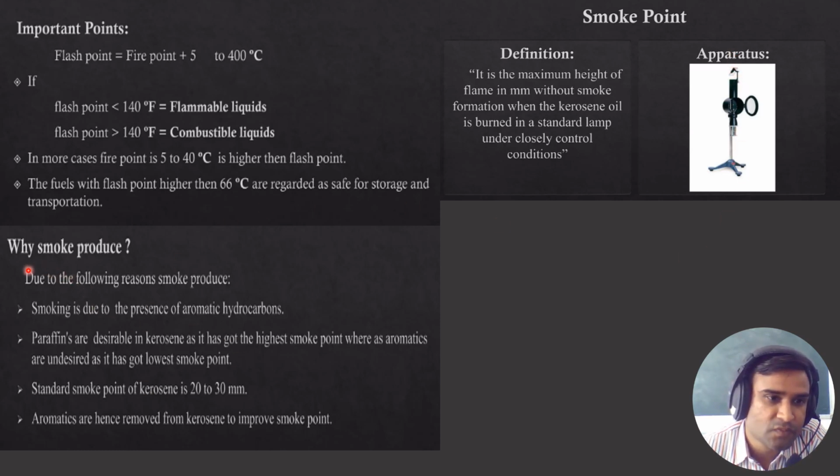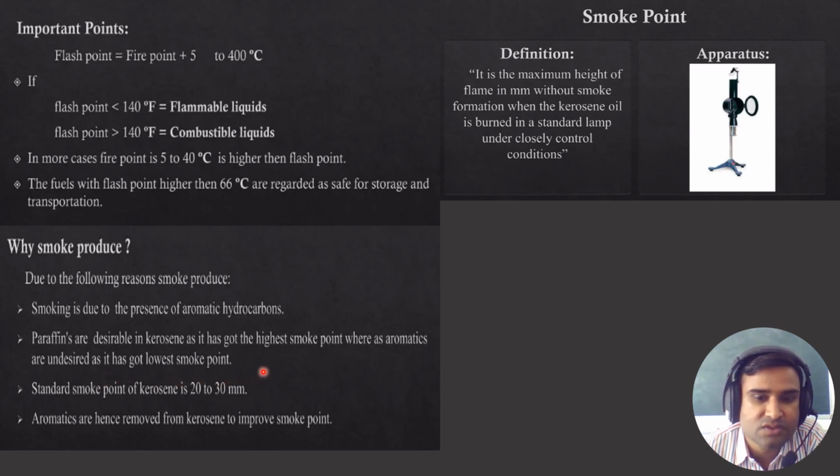Why is smoke produced? We will come to know that there are the following reasons. Smoke is always present due to aromatic hydrocarbons. When aromatic hydrocarbons are present in the fuel, there will be smoke. Paraffins are desirable in kerosene because they are a component of the crude oil and have the highest smoke point, whereas aromatics are undesired as they have the lowest smoke point.